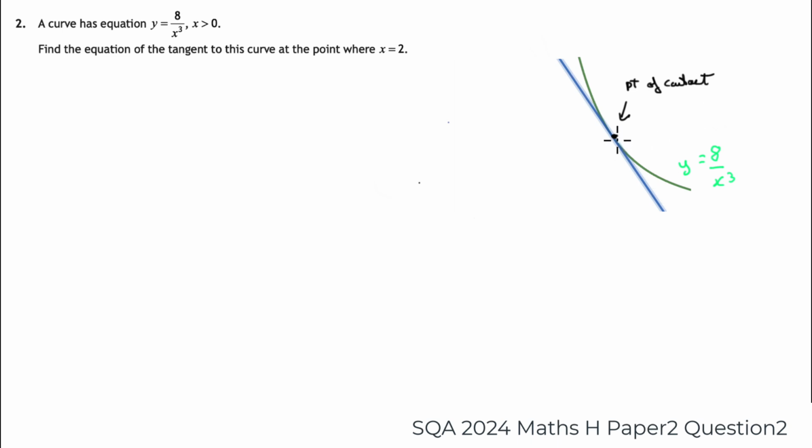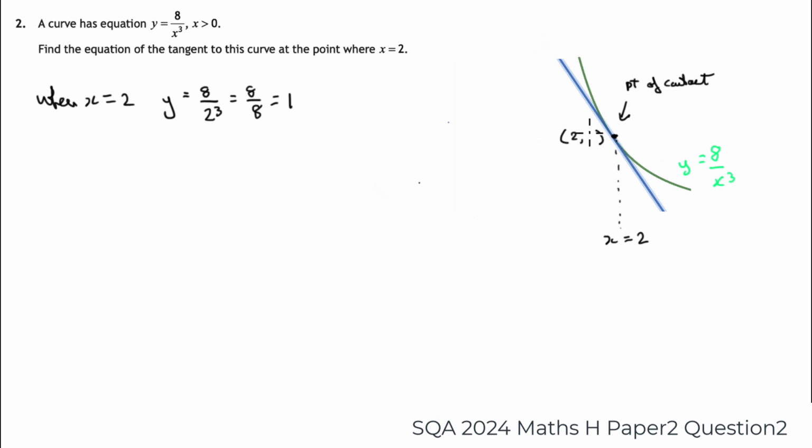And we know something about this point. Its x-coordinate is 2. So let's try and find the coordinates of that point. In other words, let's find the y-coordinate. So let's set x equals 2 into the formula for that curve, and we get 8 over 8, which is 1.